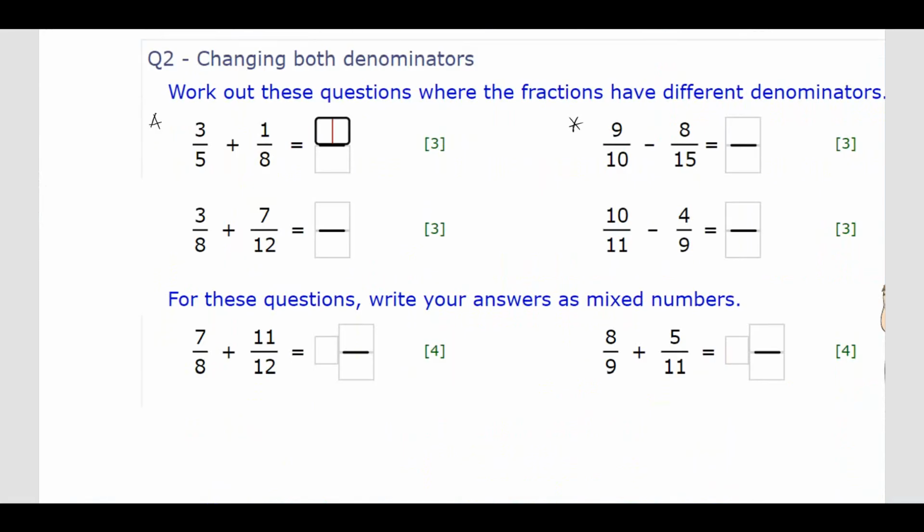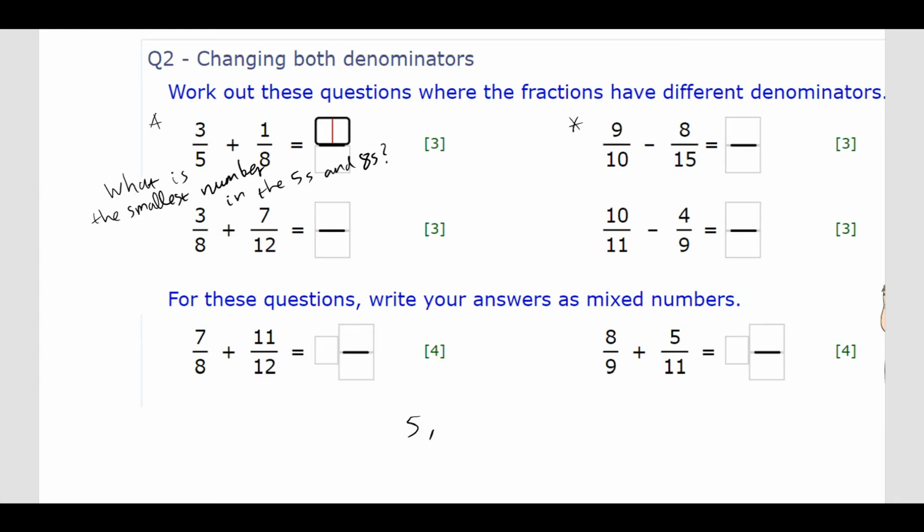So we need a number which is in the 5 times tables and the 8s. So I need to ask myself, what is the smallest number in the 5 times tables and the 8s? Well, we can simply look at our times tables to see that.